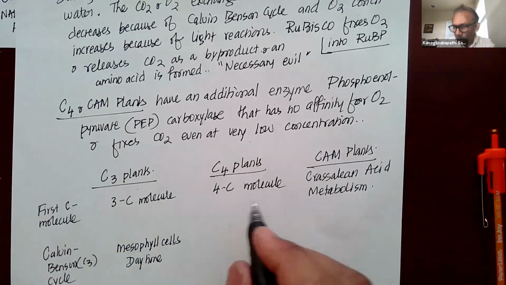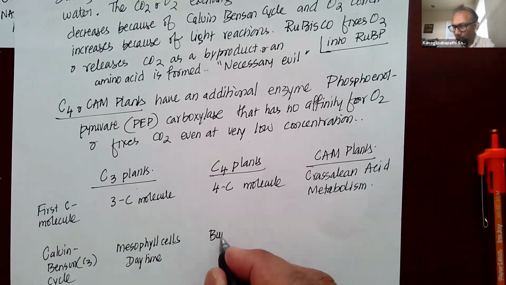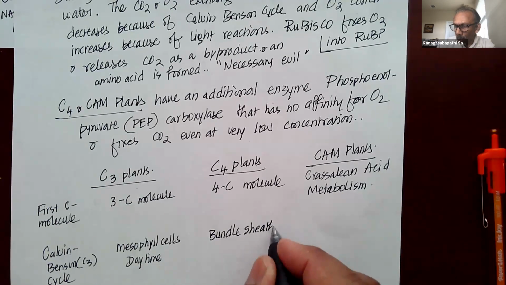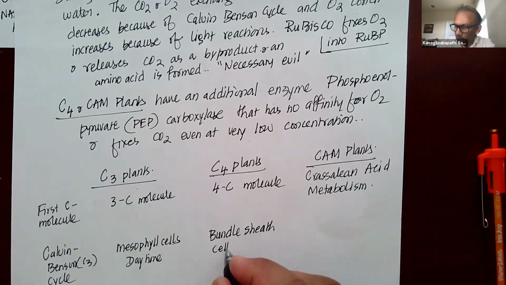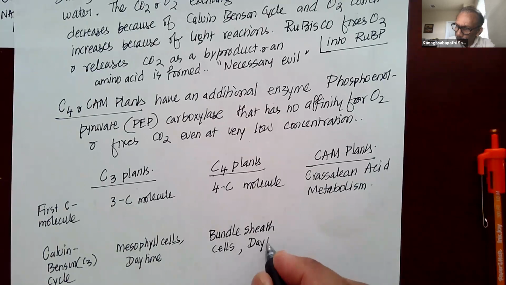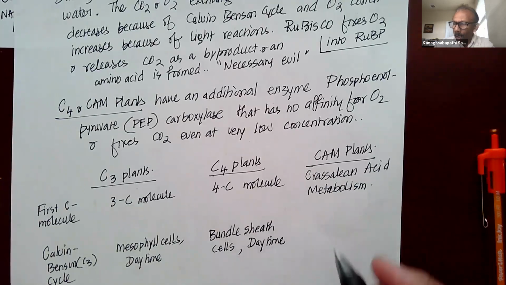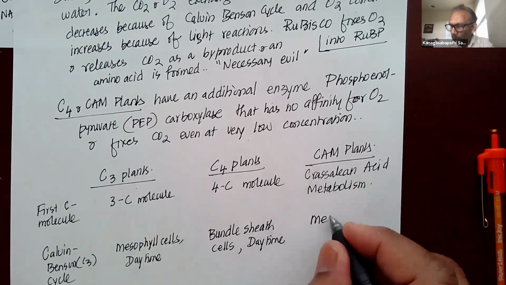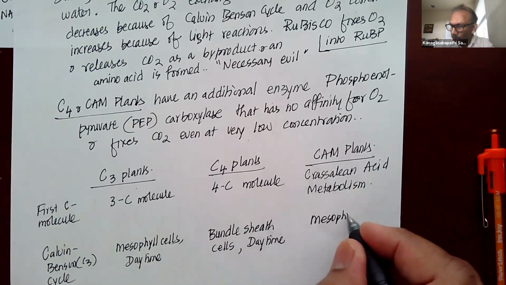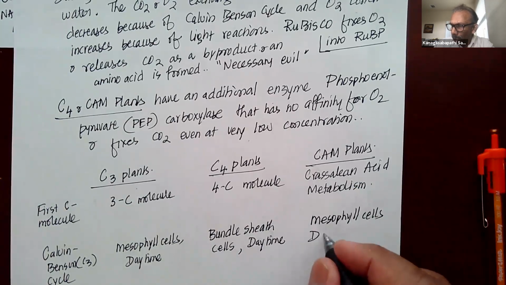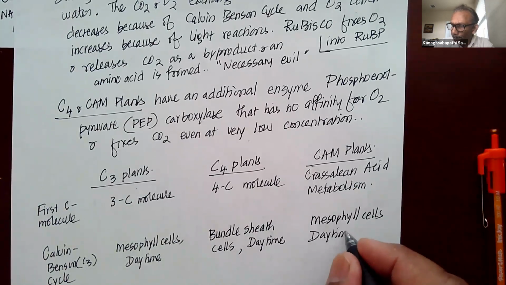Here, the C4 plants have specialized cells called bundle sheath cells. They are next to the veins, and this also happens during daytime. In CAM plants, this happens in mesophyll cells. They don't have active bundle sheath cells, and it happens in the daytime.